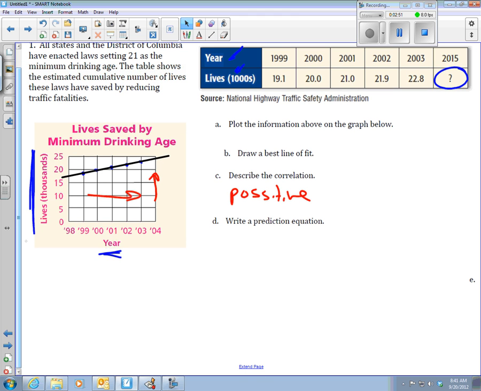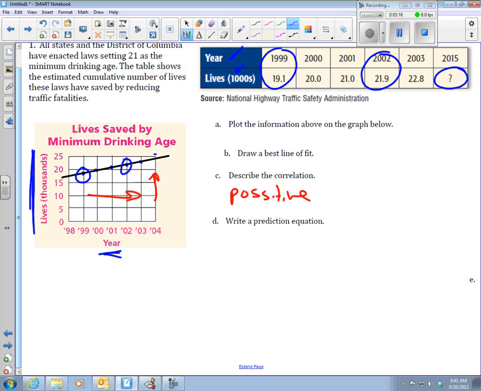I can pick any one of these points, so I guess I'll just go with the first one, this point right here. It's on the line. And we'll go with this one, 2002, 2119, doesn't matter. It doesn't even have to be a point on the line or from the data.